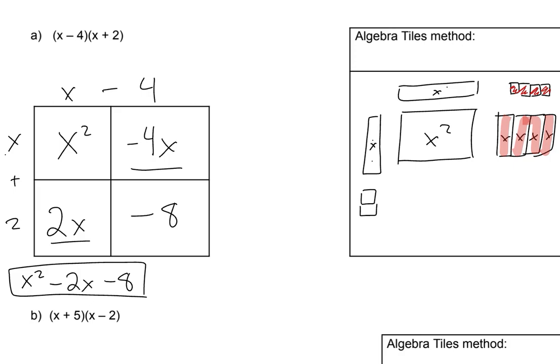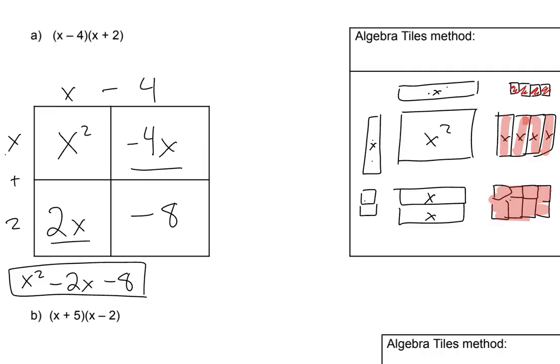And on this side I have x times 2, so I have 2 bars of x's like that, and they're positive, so I'm going to keep them white. And then I have 2 times negative 4, so I'm going to have 8. 1, 2, 3, 4, 5, 6, 7, 8. They're actually all going to be negative.